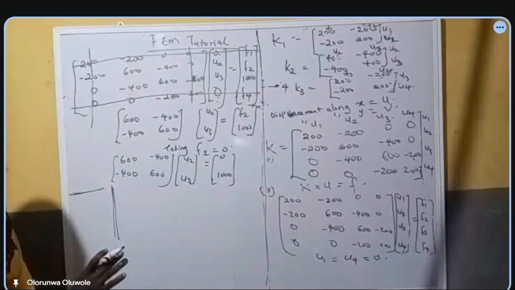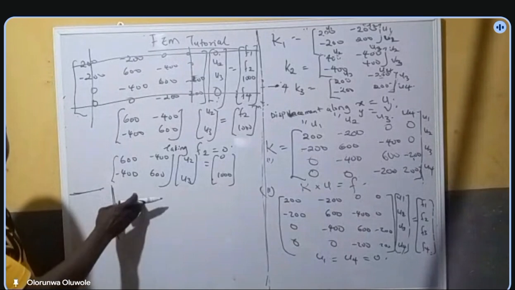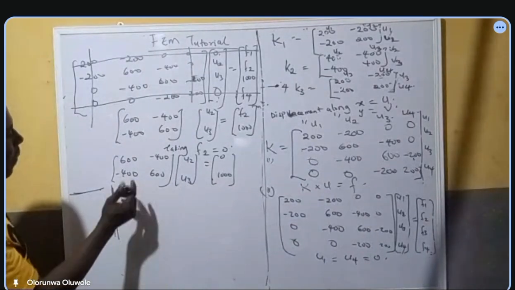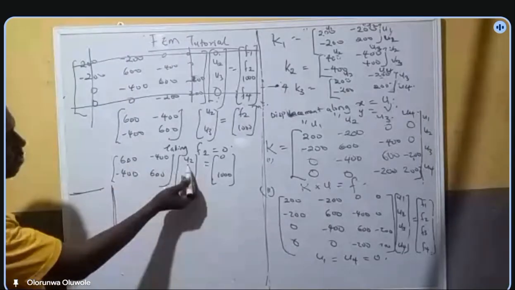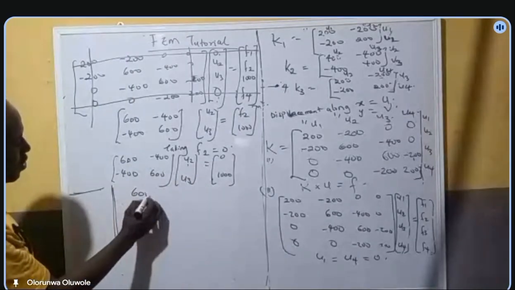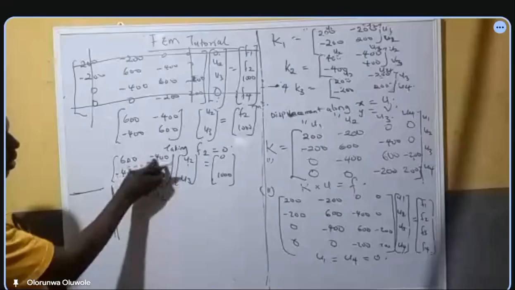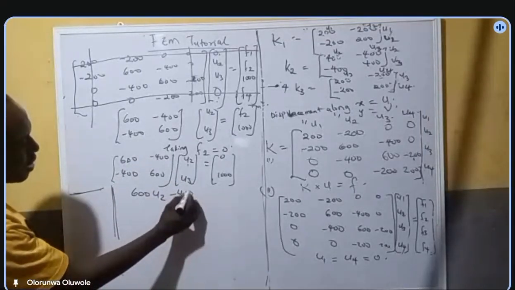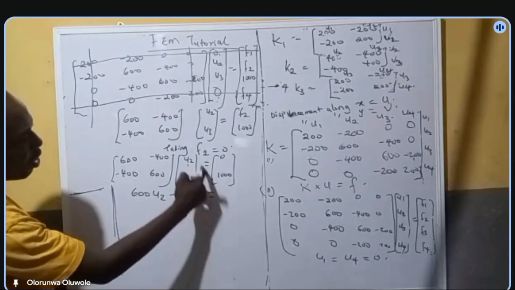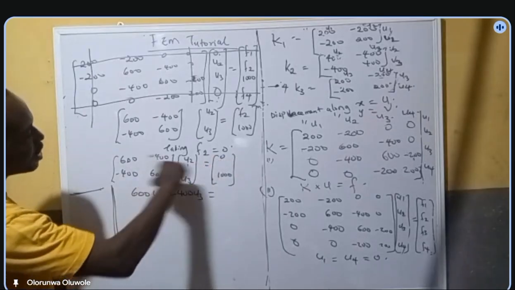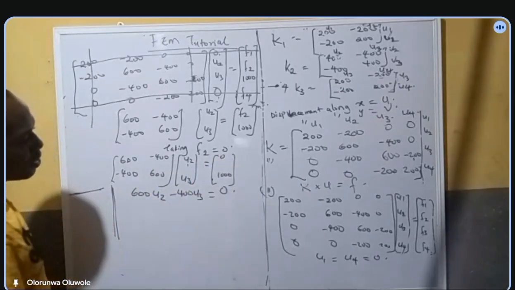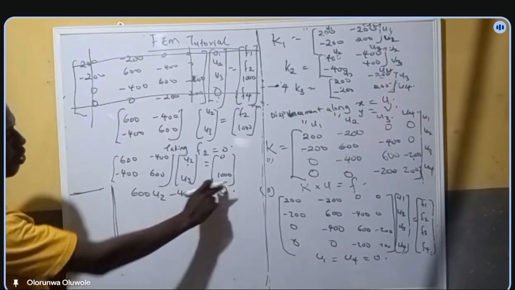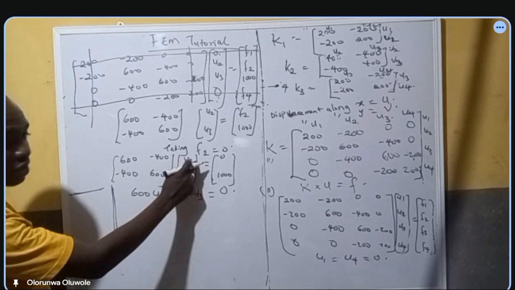That's matrix, row multiply column. So how do we apply that to get this now? 600 times U2 will give me 600 U2, minus 400 times U3 will give me minus 400 U3, equals the first one, because that's the first row, equals 0. Then the second row, minus 400 times U2.